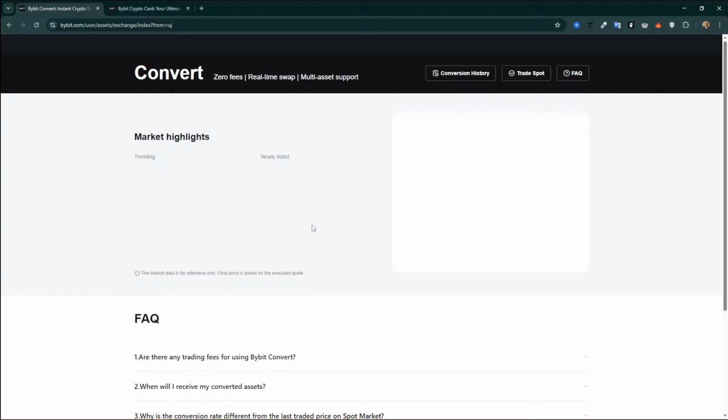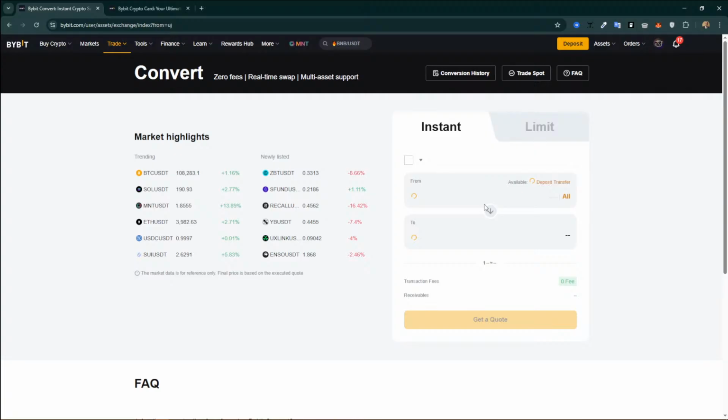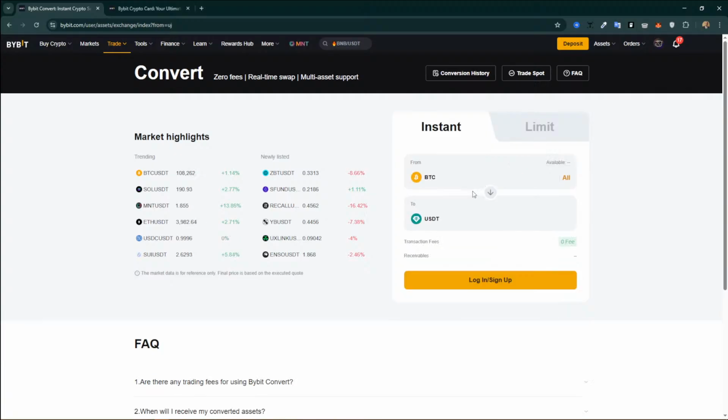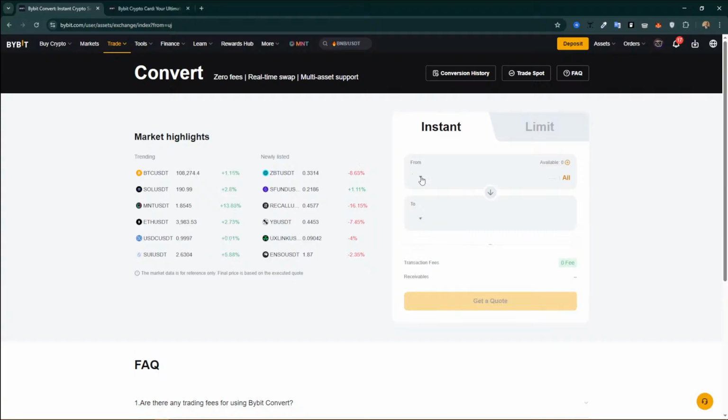Okay, so here we go with the ByBit converter. So let's say I have available. You notice this text right here, available is zero, so that means I have nothing there. But if I had something, it would automatically detect it.